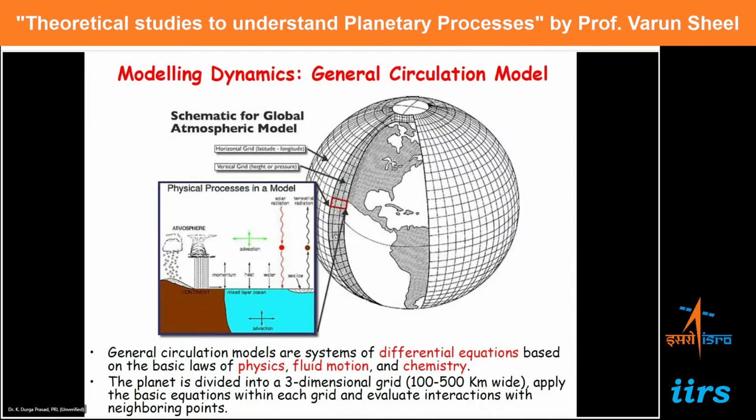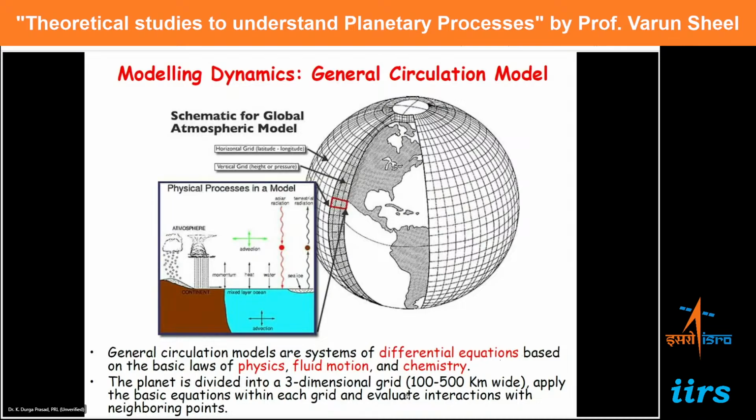Such models which span the entire globe are generally called general circulation models, which are nothing but a system of differential equations based on physics, fluid motion, and chemistry. That means they involve the physical process, chemical process, dynamic process, along with radiation. Generally, if you want to apply it for a planet like Earth, the planet is divided into a 3-dimensional grid.